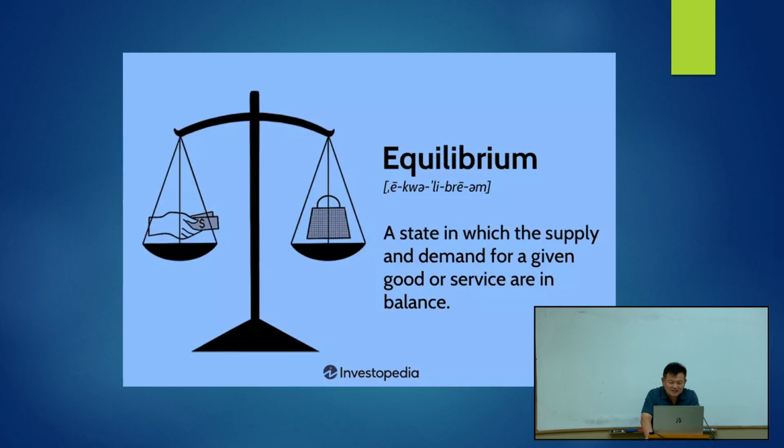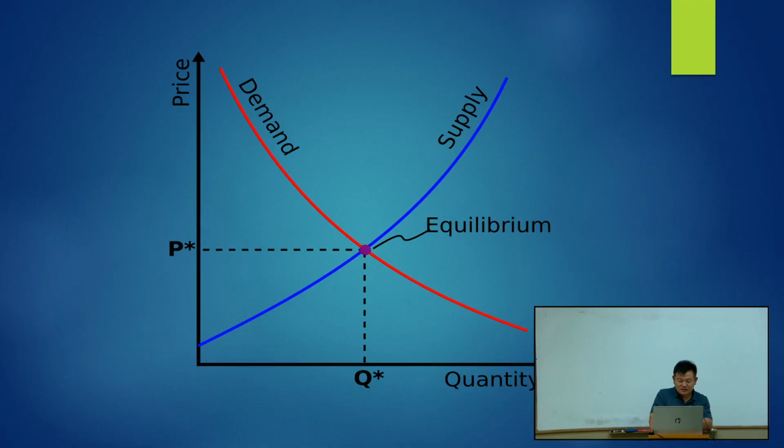Equilibrium is a very important concept in economics. Where the demand curve and supply curve meet at one point, equilibrium is the state in which the price becomes stable when market supply and demand balance.